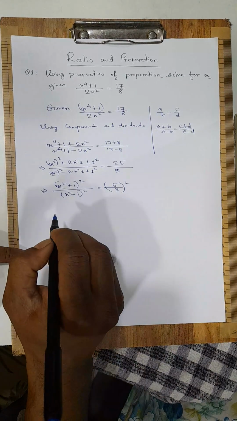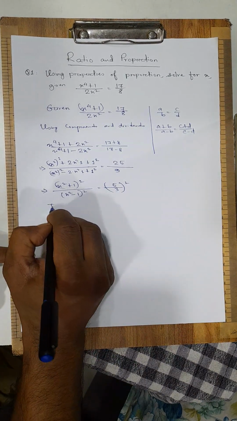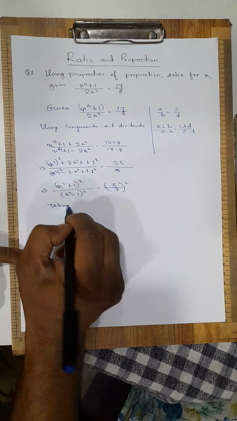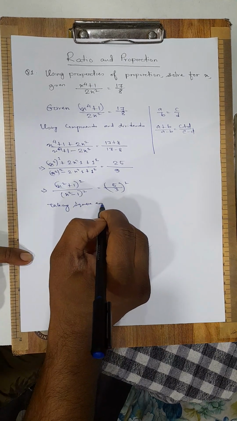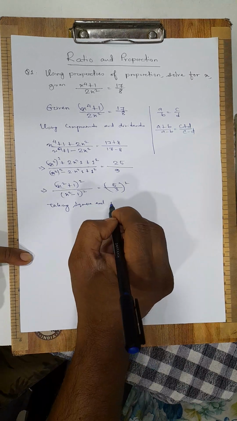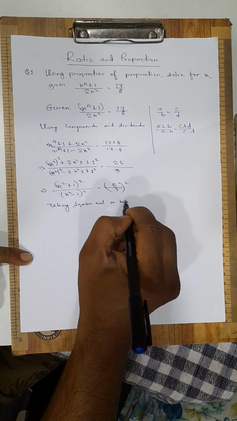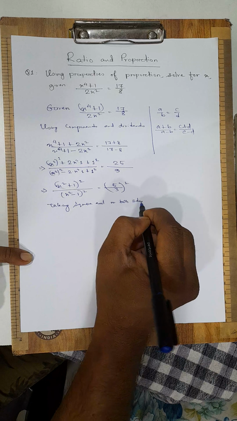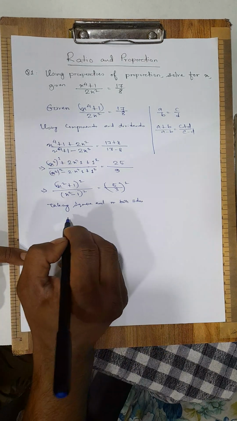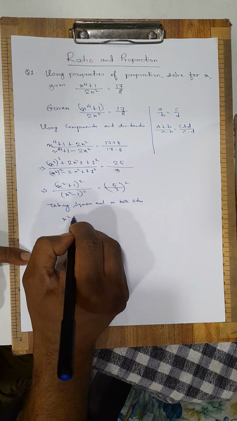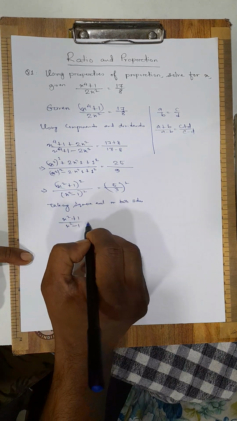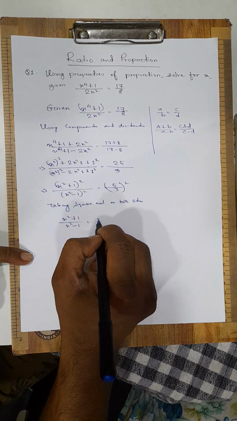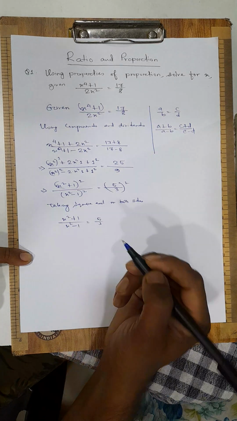Now let us take square root on both sides. So if you take positive square root, you will find x square plus 1 divided by x square minus 1 equal to 5 by 3.